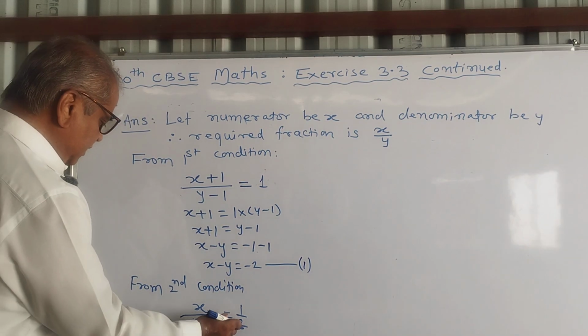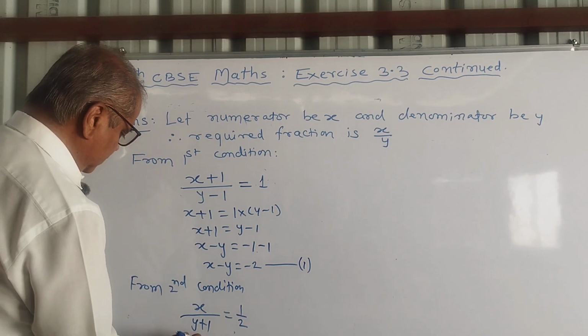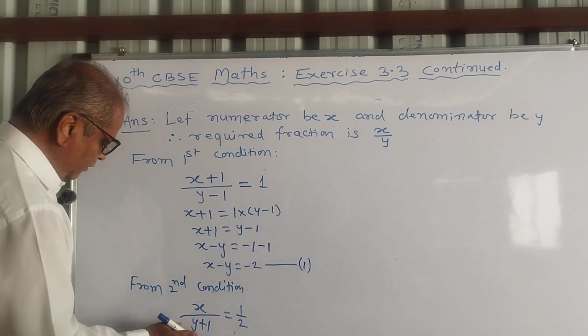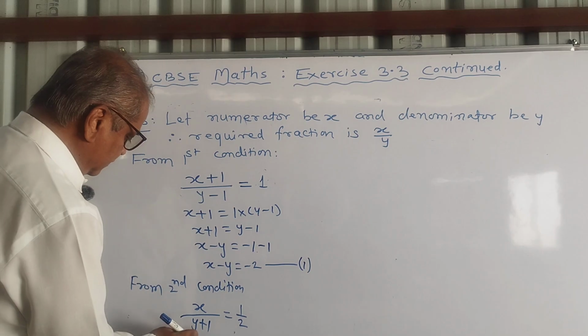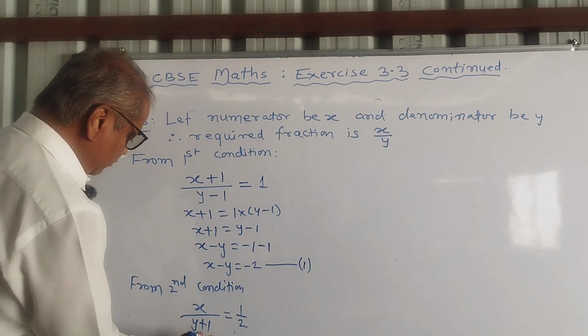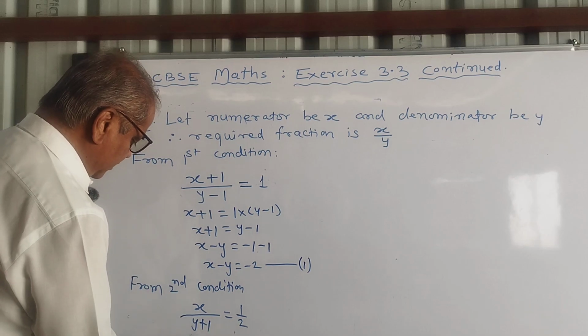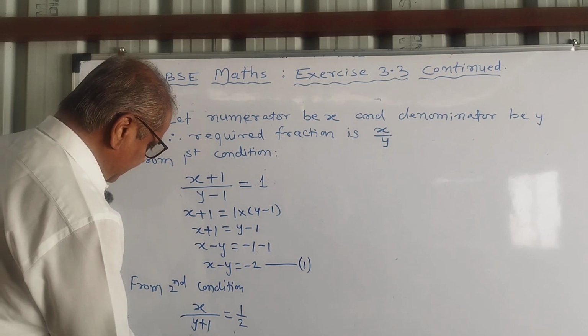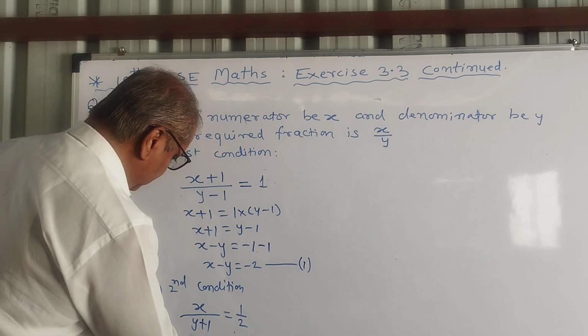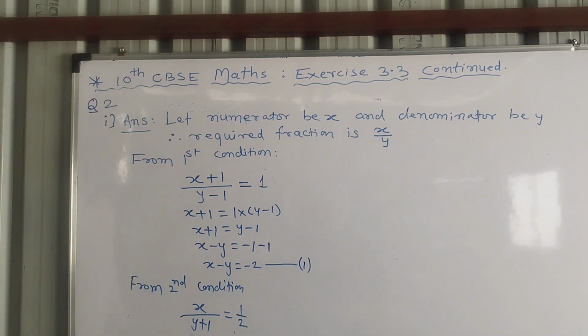Now cross multiplication, 2 into x is 2x is equal to 1 into y plus 1 is y plus 1. Transfer this y here, 2x minus y is equal to 1, equation number 2. Now we got equation 1 and equation 2.